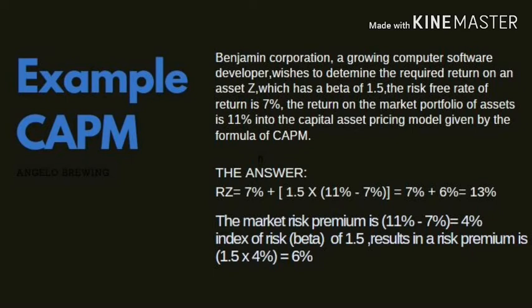So, return on asset Z equals 7% plus 1.5 times (11% minus 7%), which is 13%. So that's the result of CAPM. And in this case, the market risk premium is 4%, and then the risk premium is 6%.